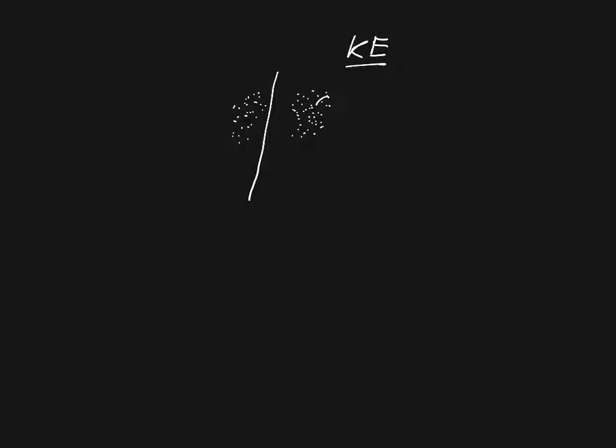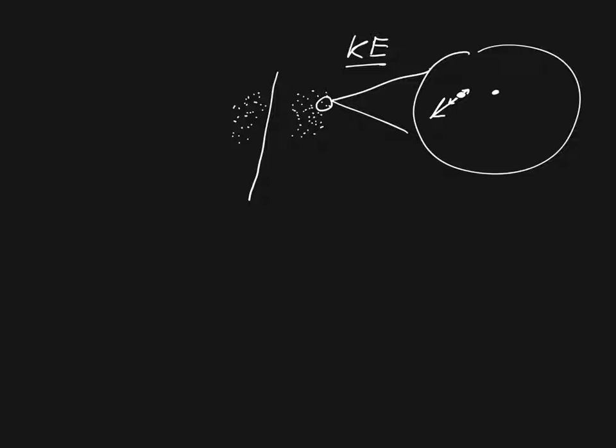So if we took a little circle and magnified it impossibly large, what we would see is that this particle sits next to this particle, and even if they were sitting still, they're vibrating. But they're also moving in a direction, usually random directions.